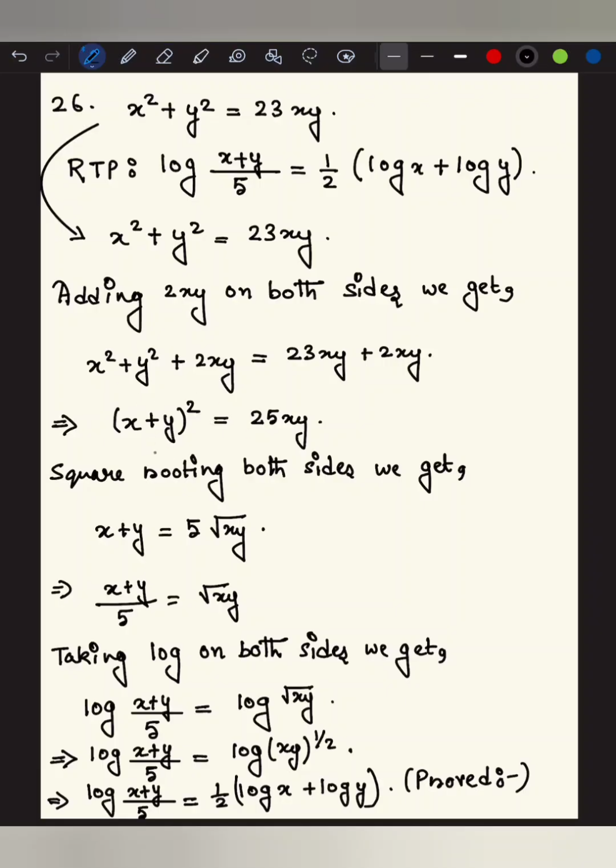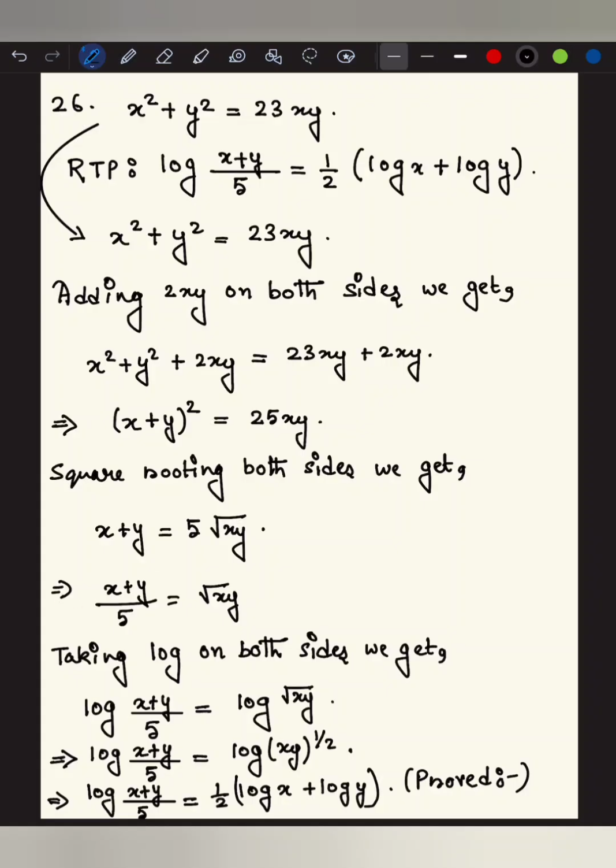So (x plus y) whole square, because x square plus y square plus 2xy is the formula of (x plus y) whole square, right? Now square rooting both sides, square root of (x plus y) whole square gives us x plus y, and square root of 25xy becomes 5 root xy, right?